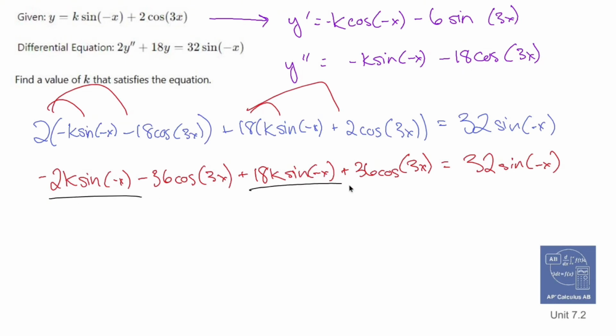Combine the k terms to make 16k sine negative x. The cosine terms cancel each other out, and on the right side I have 32 sine negative x.